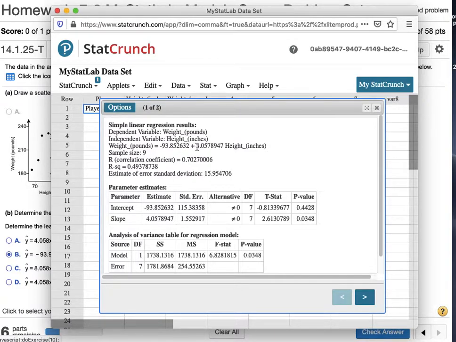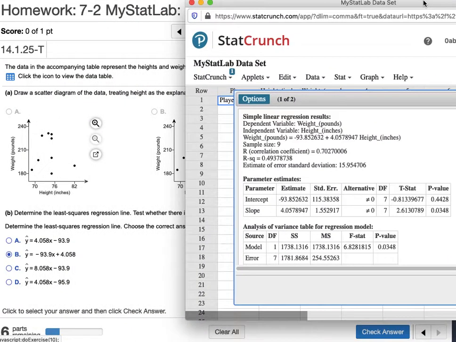And this is asking for the equation, and we can see the equation right here. So our slope is this value, 4.0578, and so forth. And that is being multiplied by the height. So that is our x value. And so 4.058x, that looks good to me, minus 93.9.